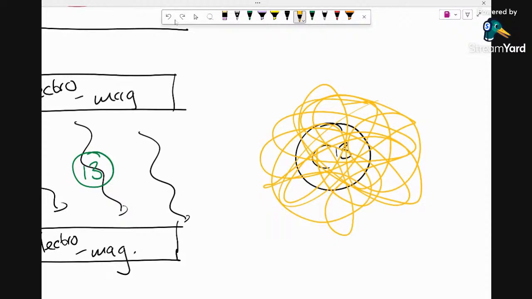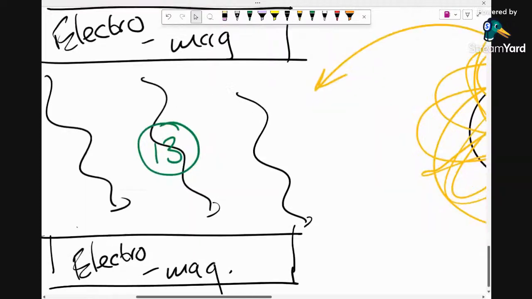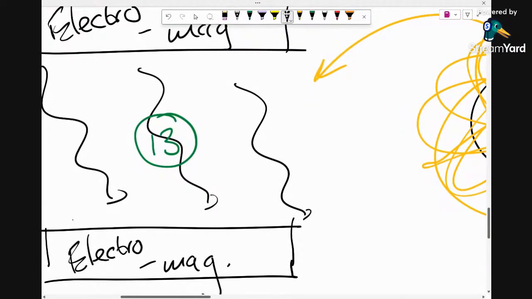Now, what we discovered was that if you now take that random spin and you put it into an immense, hugely powerful magnetic field, the spin will line up with the field. So the spin will line up. Now, what this does is it puts it into a particular energy state.